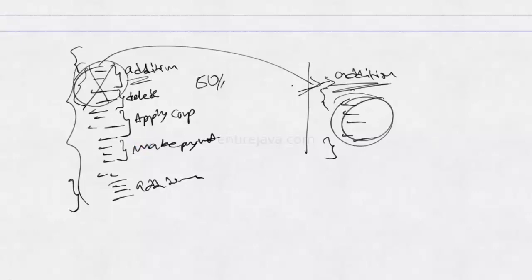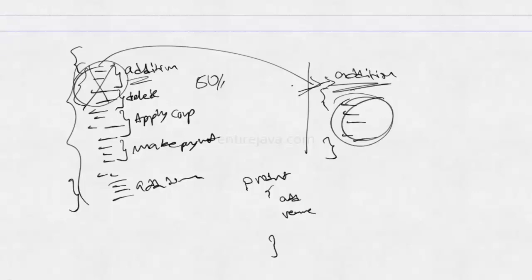So what we're going to do is create multiple files, essentially class files in Java. Say we're going to have a class file called product that has the methods that are related to product. For example, add product, remove product.